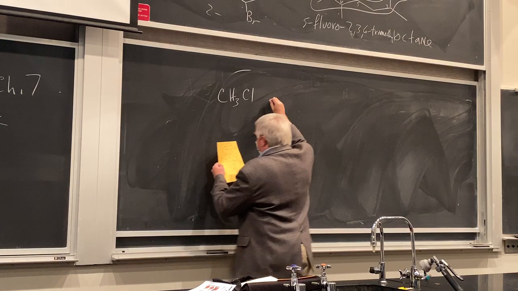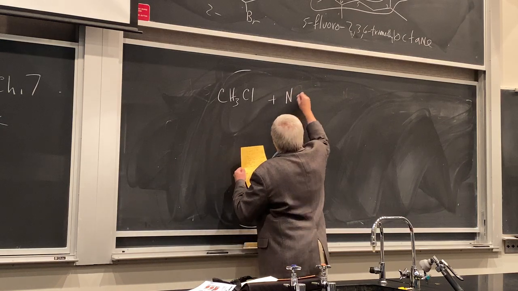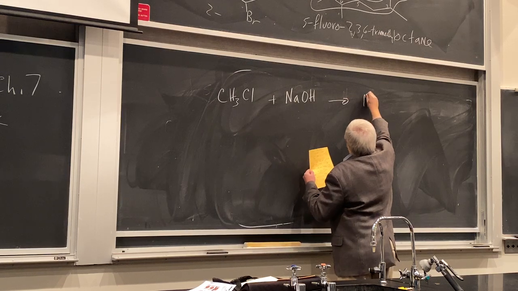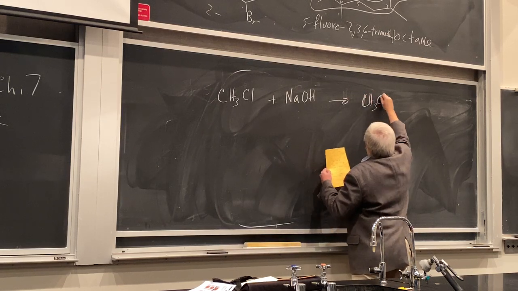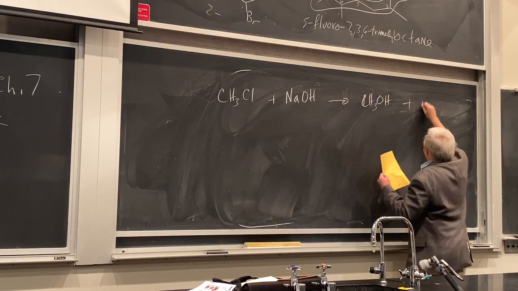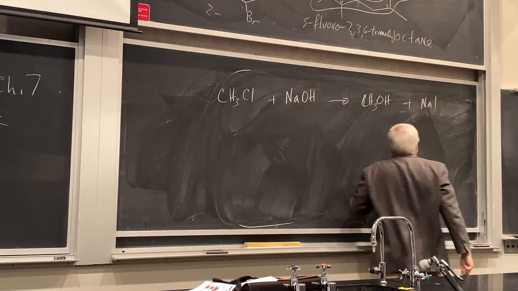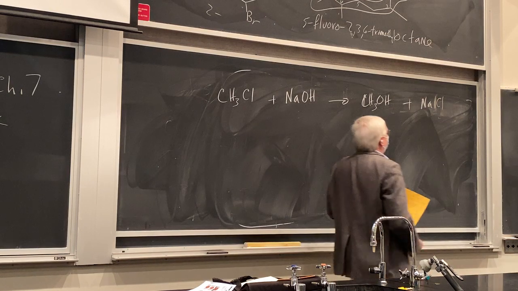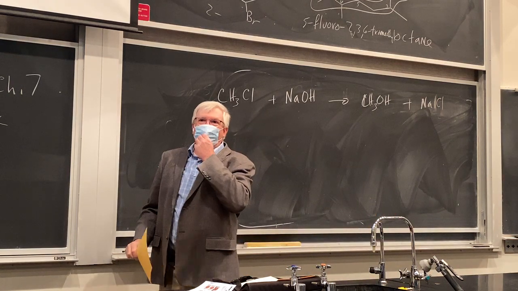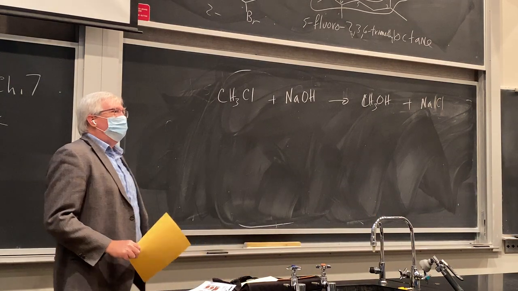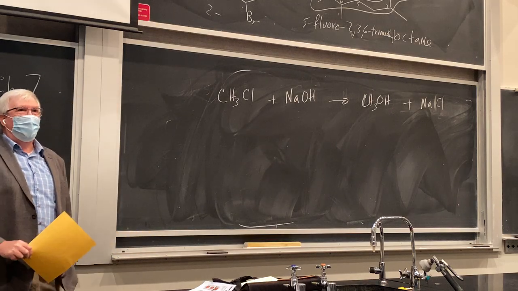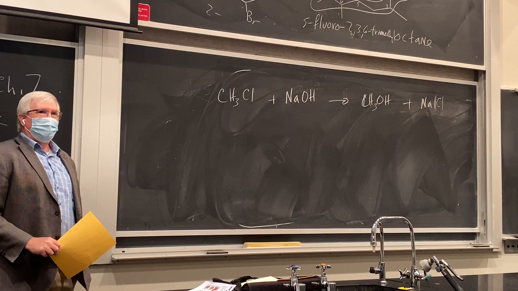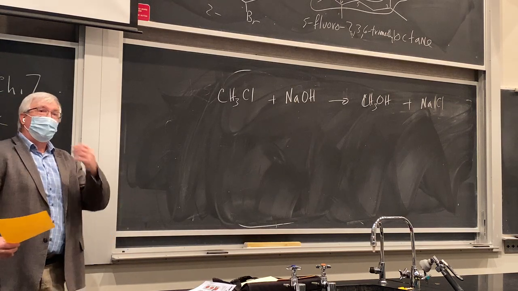Chloromethane plus sodium hydroxide going to methyl alcohol plus sodium chloride. Oop, not iodide, chloride. Looking at that reaction, can you identify what the leaving group is, what the nucleophile is, the type of leaving group it is, and whether or not this reaction might be useful?